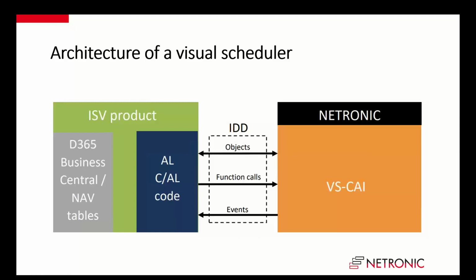So, and for all the objects we have in the control-let-in, we have API calls, which are named add. For example, for the resources, we have add resources, we have update resources, and we have remove resources. And with these three calls, you can do more or less everything you need to do in the control-let-in.